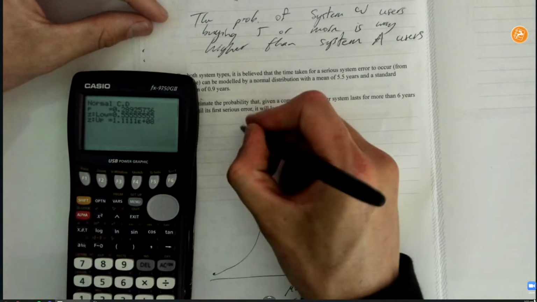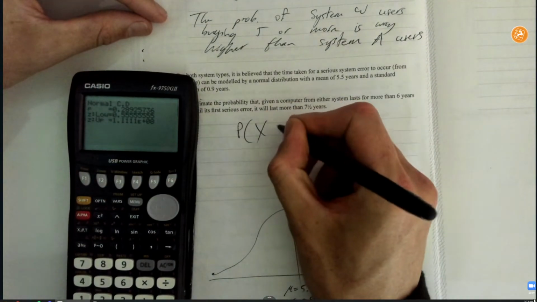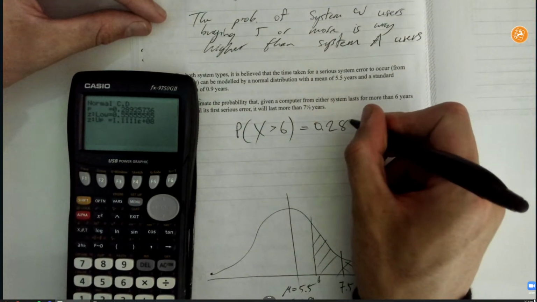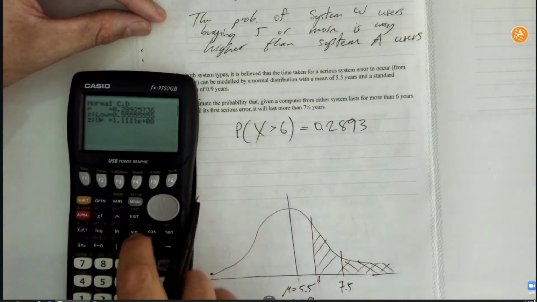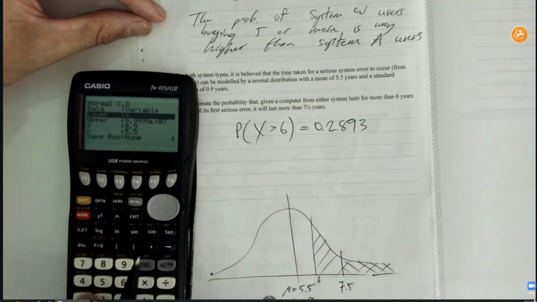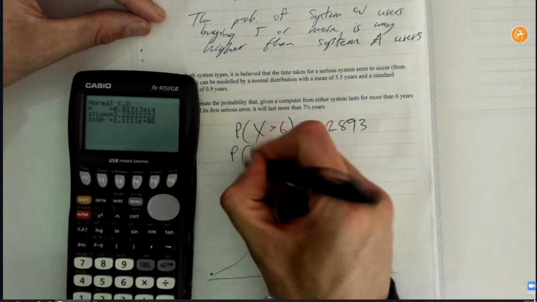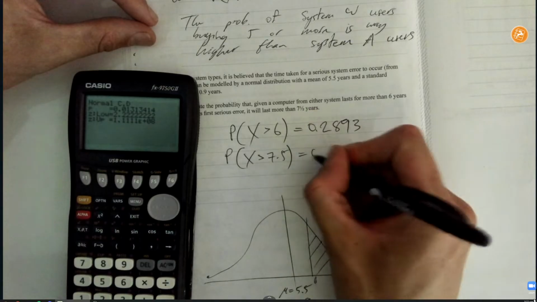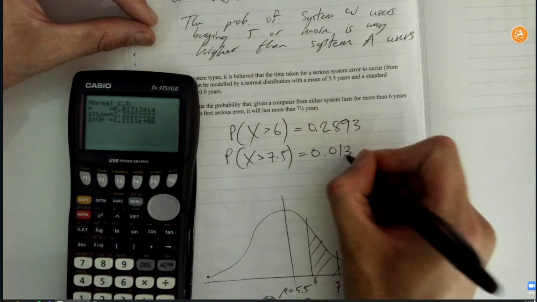Alright, so P(X > 6) equals 0.2893. P(X > 7.5) is 0.0131.